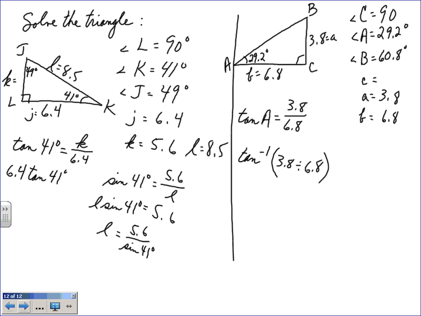Now, if I want to find the measure of side C, I could use trig functions, or I could use the Pythagorean theorem. I think I'll use sine. The sine of angle A is equal to 3.8 over the hypotenuse.